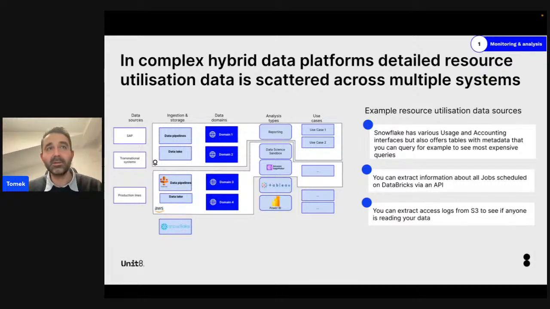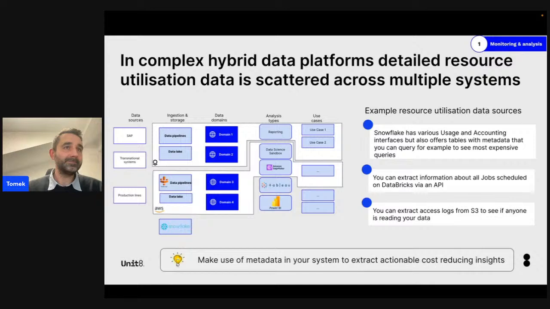Likewise, S3, you can, for example, look at who's accessing your data, and maybe you find out that your biggest Parquet file that is so expensive to produce, no one is accessing it, and you can just disable your pipeline. So this is just to make us realize that there's a lot of metadata in our systems, and you can actually tap into this data and extract a lot of actionable cost-reducing insights.